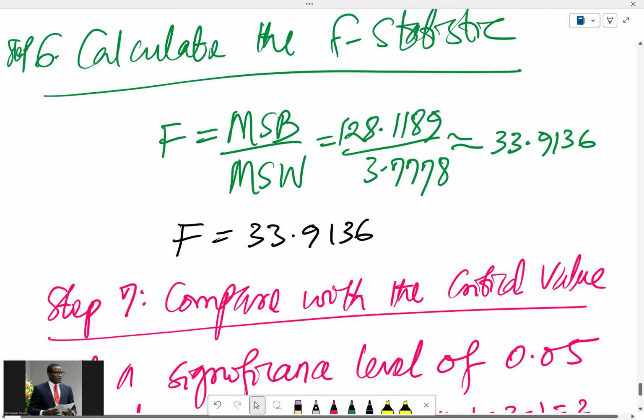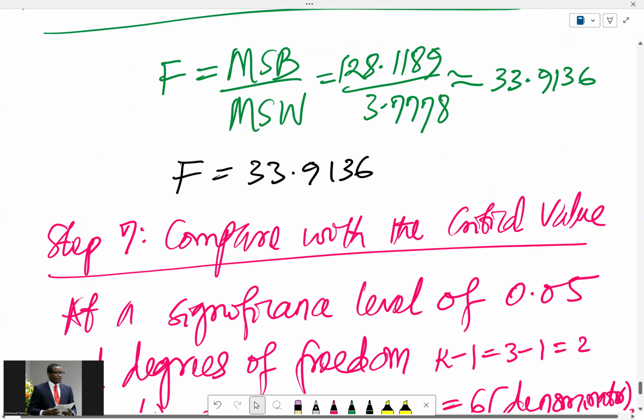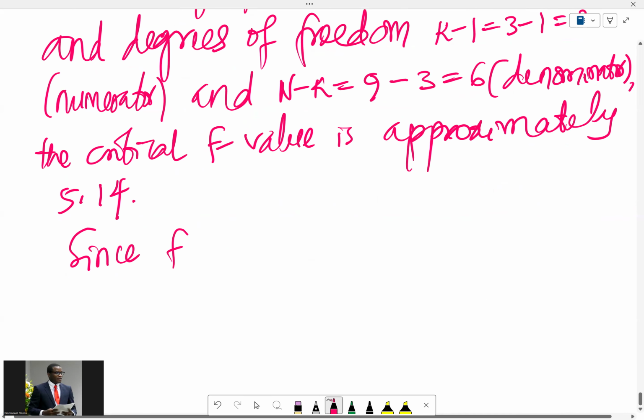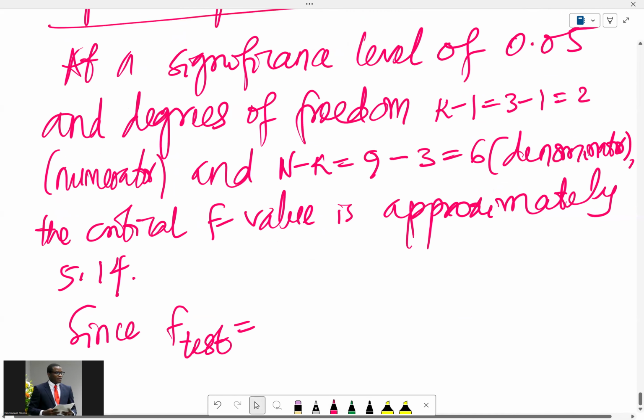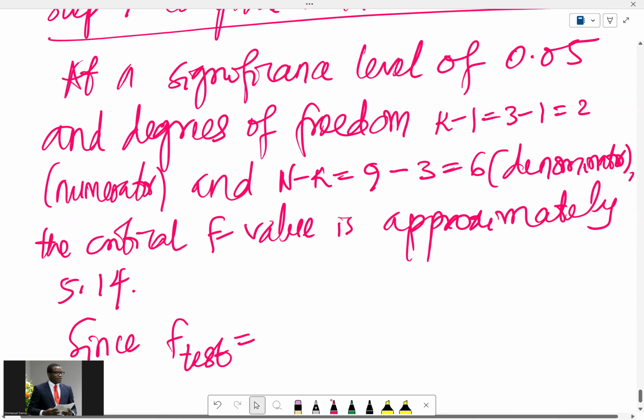Now we have the F test statistic, which is 33.9136.